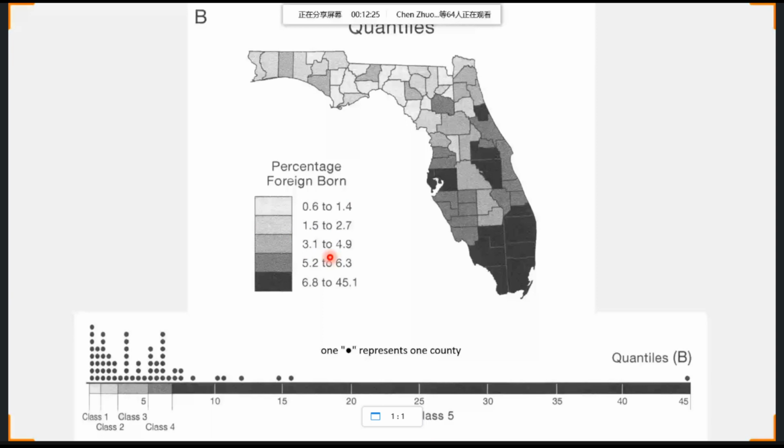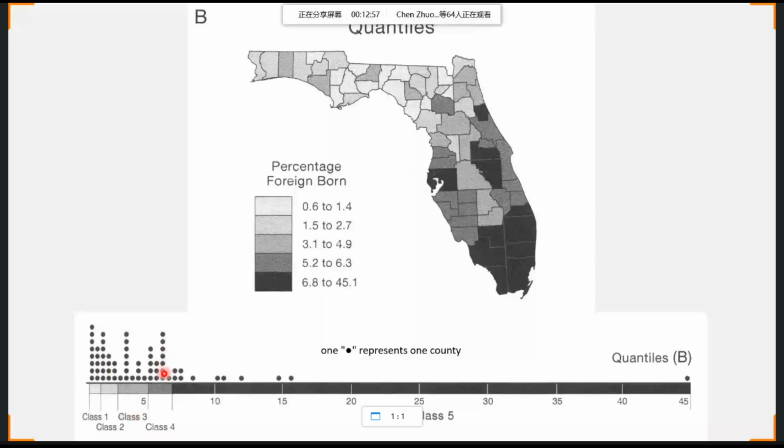And you see now here, the size of the 5 classes is, of course, very, very different. So this is obviously a big difference to the first method. Here, class 5 is very big because we need the same number of counties in each class. And near the lower values here, there are many, many counties.